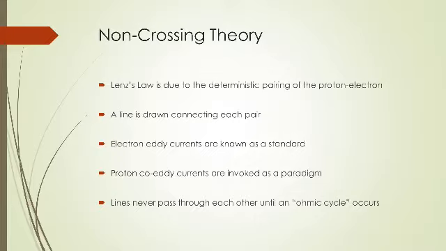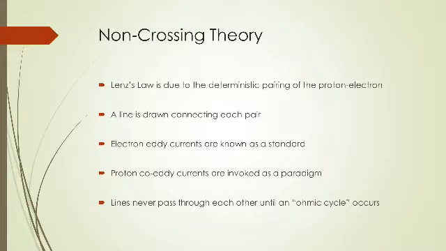And there are only two dimensions, so it's deterministic, like the pages of a book are flat. And you can connect the top right corner with the bottom corner, and it's always the same two corners that are connected because of these layers. And to define Lenz's law, you should draw a line connecting each proton and its electron.